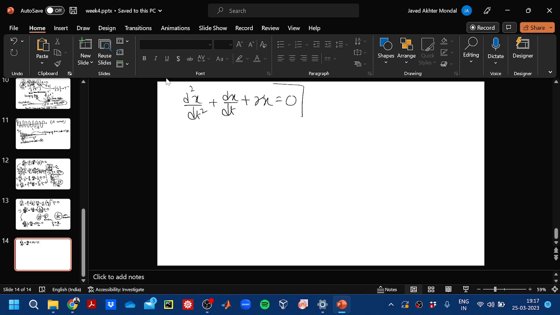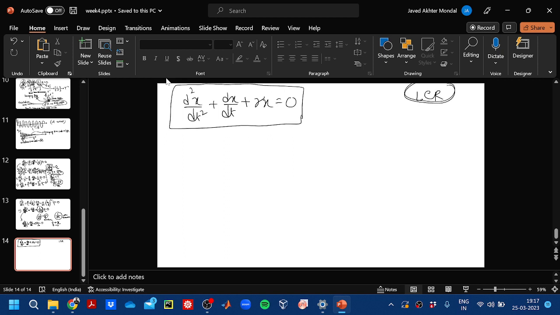So this is our equation of the LCR circuit, where this gamma is L by r square c, and after that, if we solve this equation, then we will get x as a function of time. So this x and t are dimensionless.